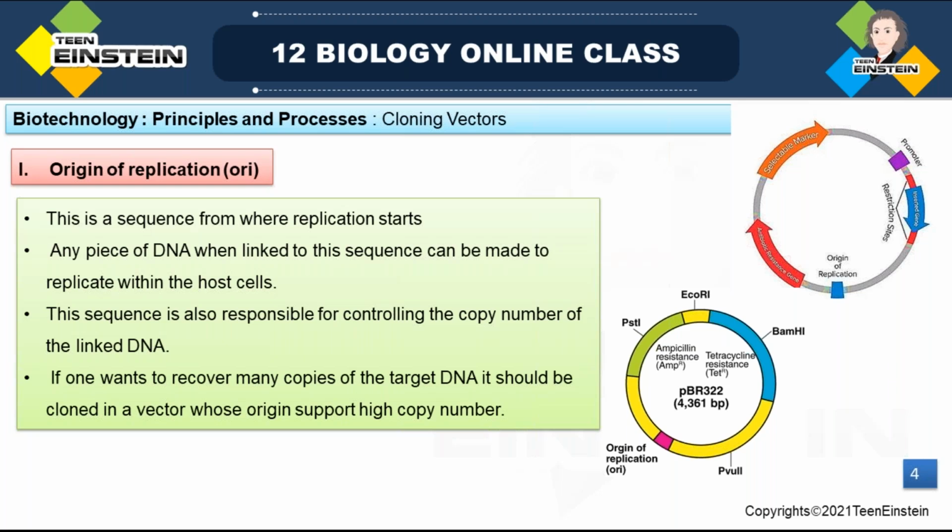Within a host cell, any DNA fragment which is linked with that origin of replication, along with the host genome, this foreign gene is also getting replicated. So when we link a gene of interest, or any piece of DNA, to that sequence, it can be made to replicate along with the host cell.